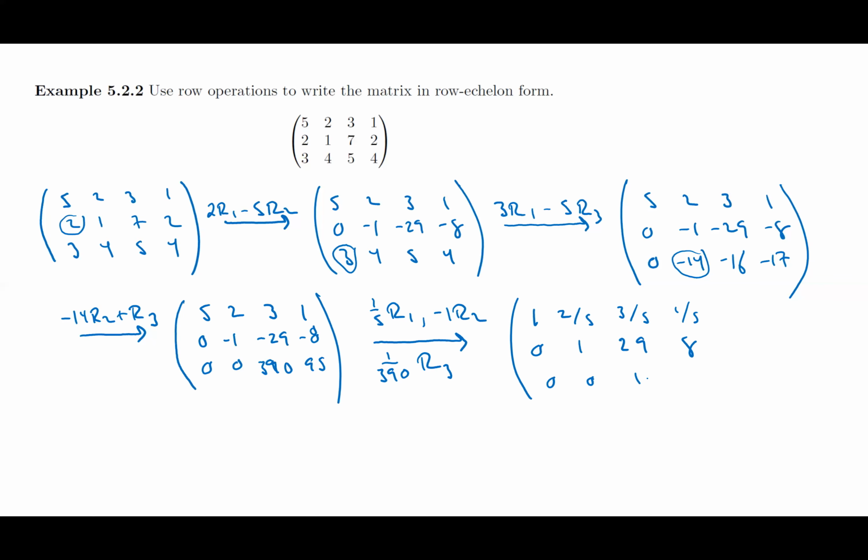Let's see. 19/78. Okay. And so there we have it. I've got 1s in these 3 places, 0s to their left. I've got that row echelon form.